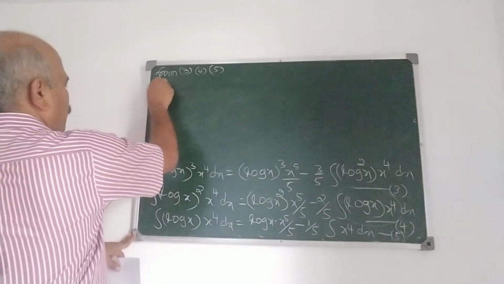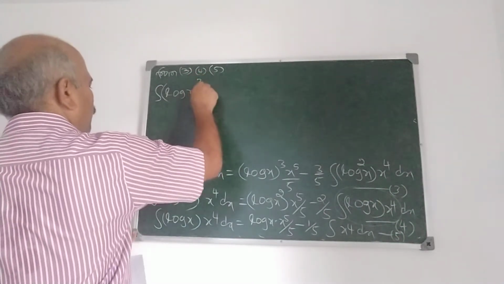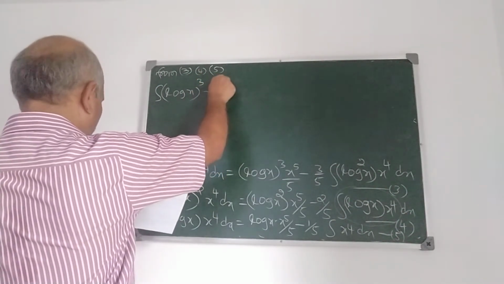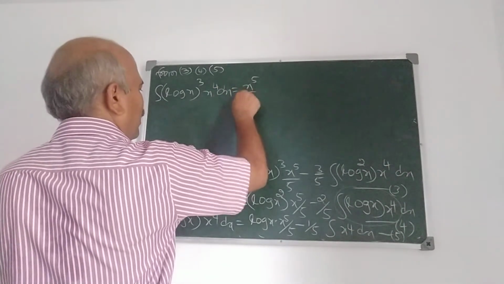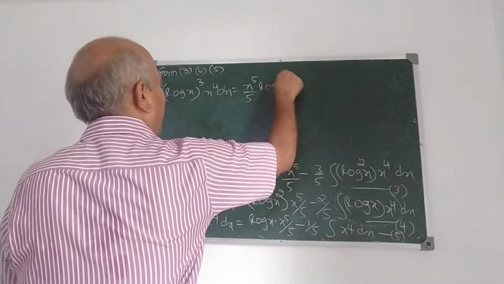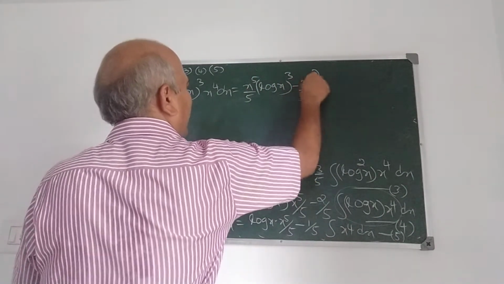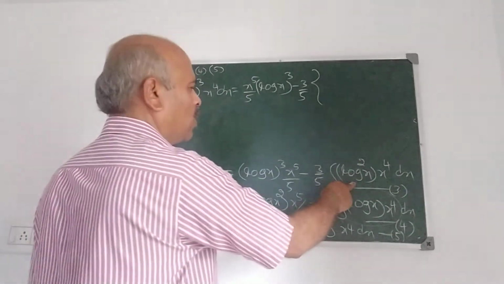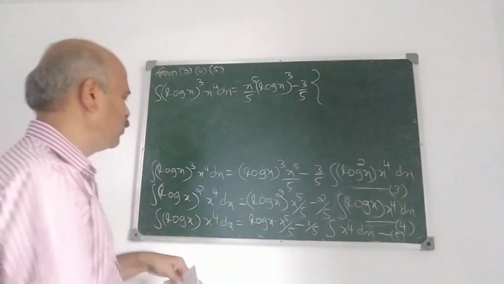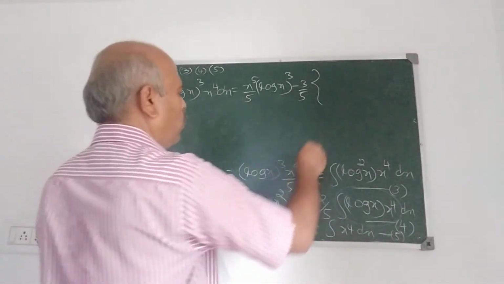Integral log of x cube x raised to 4 dx is x raised to 5 by 5 log of x raised to 3 minus 3 by 5 into, substitute this log of x square x raised to 4 from this. What is log of x square x raised to 4?